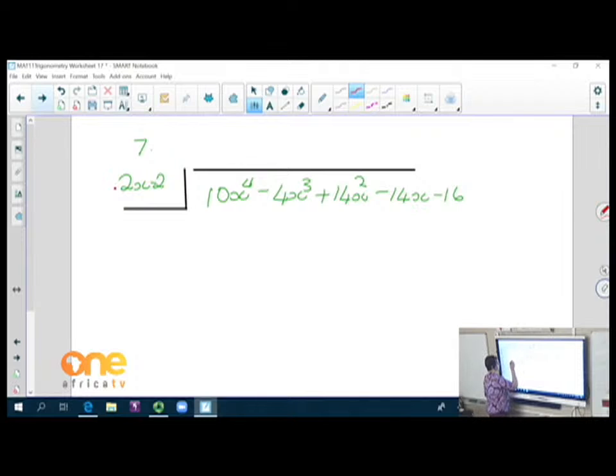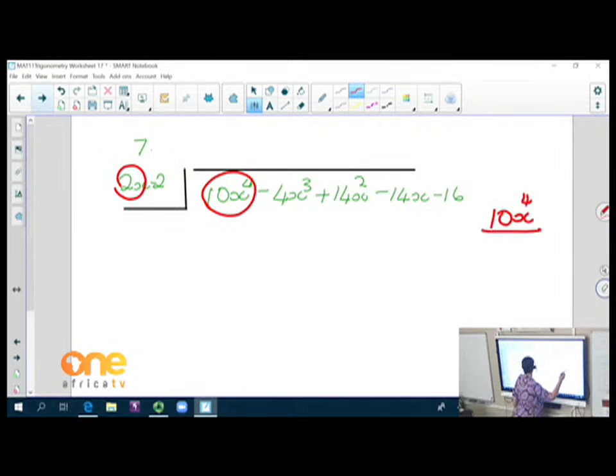So I am still asking how many times will 2x divide into that one. So you have 10x to the power of 4 and you divide it by 2x. So we divide the numbers, which makes it 5x cubed. I subtract my indices. Multiply.